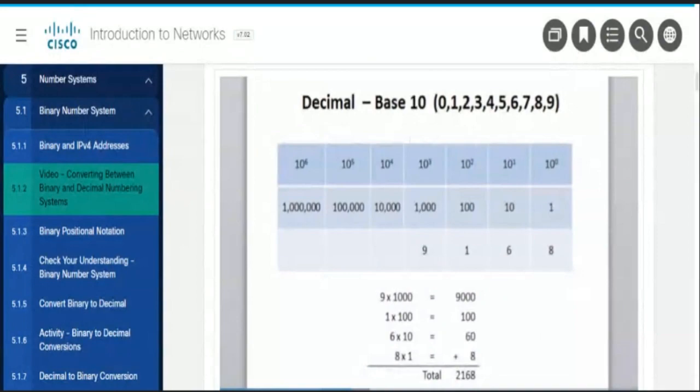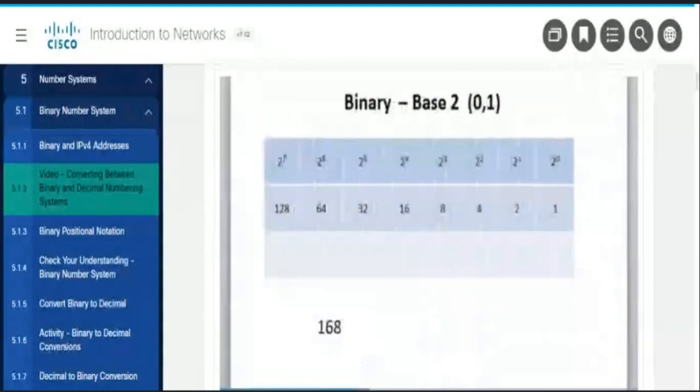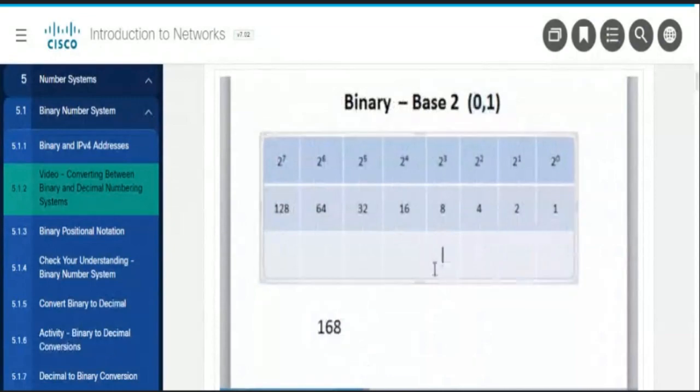If we consider binary and look at it in the same light as decimal, binary is a base 2 number system. There's only 2 characters, or 2 numbers, 0 and 1. So under the place values, we can only have zeros or ones.